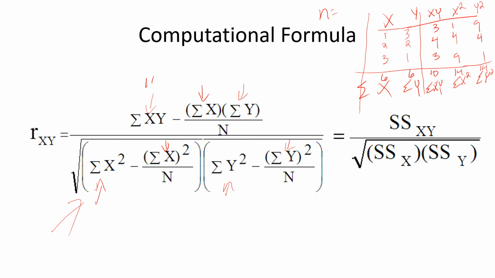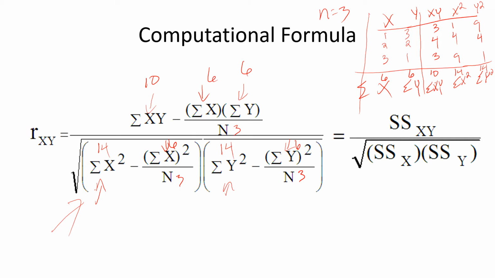We plug in 10 here. We plug in 6 here, 6 here. We've got an n of 3, so we plug in 3 here. Again, 6 is here, 6 here. Sum of x squared is 14, 14. And we could actually calculate all of that out now.